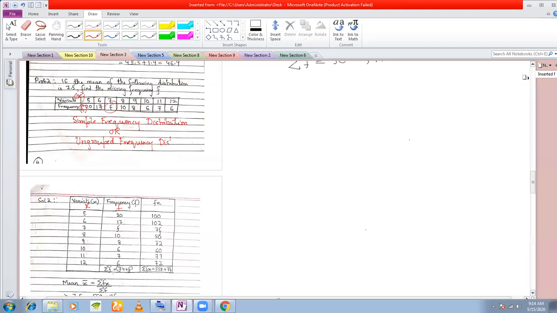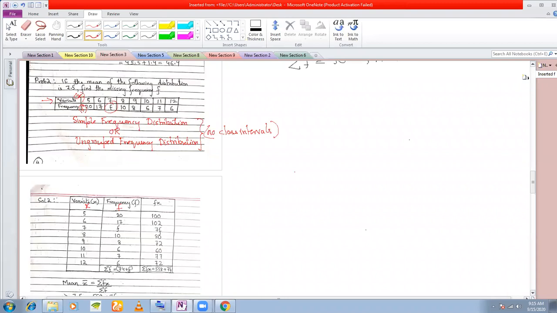Can you see class intervals here? No, class intervals are not there. That means this is an ungrouped frequency distribution, also called the simple frequency distribution. This is because it has no class intervals. If you see the variate here, does it have class intervals? No, it does not.